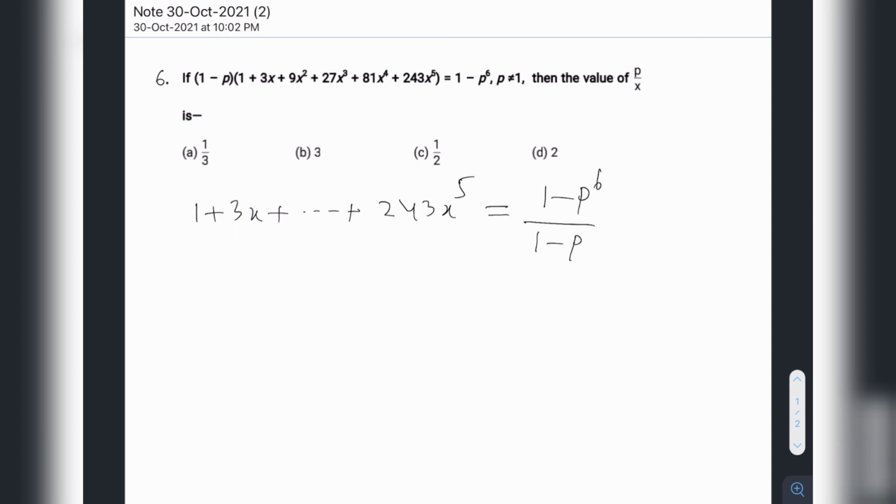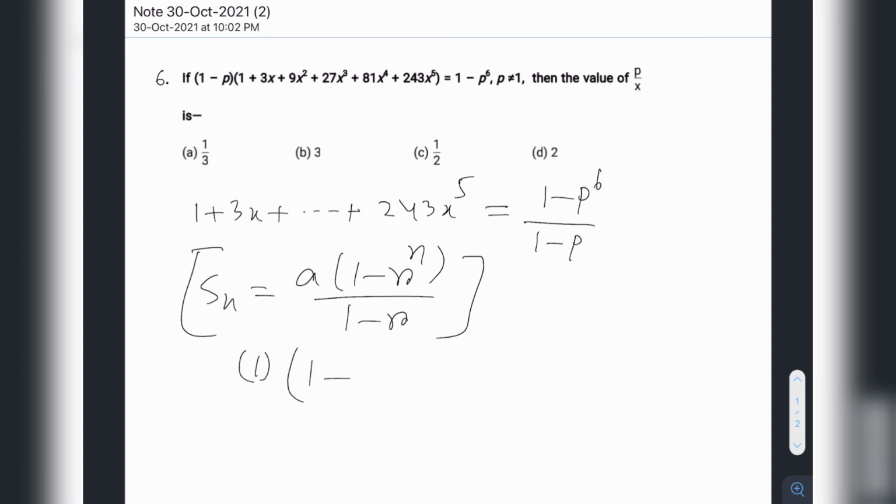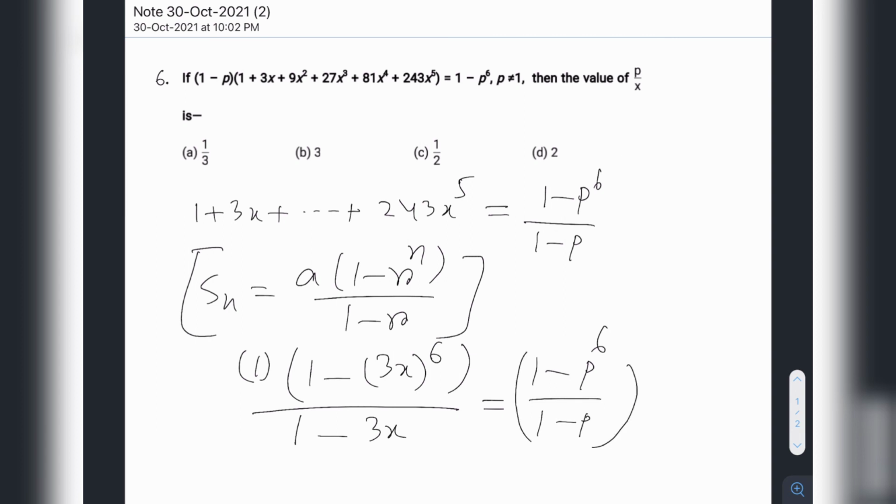ওকে, সো এটা একটা জিপি ফর্ম করছে। জিপিটার ফার্স্ট টার্ম হচ্ছে 1 আর কমন রেশিও হচ্ছে 3x। তাহলে ফর্মুলা হচ্ছে Sn equals a into 1 minus r to the power n over 1 minus r, এটা ইউজ করব। তাহলে এখানে হবে 1 into 1 minus 3x to the power 6, number of terms will be 6, over 1 minus 3x equals 1 minus p to the power 6 over 1 minus p into 1.